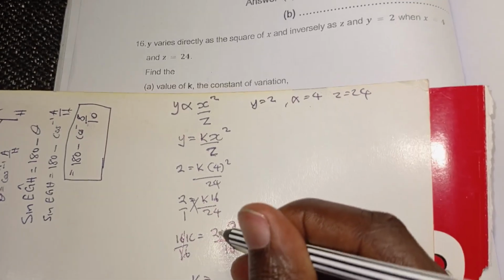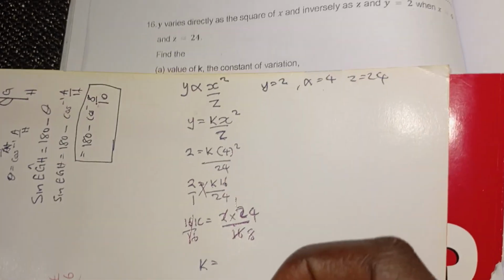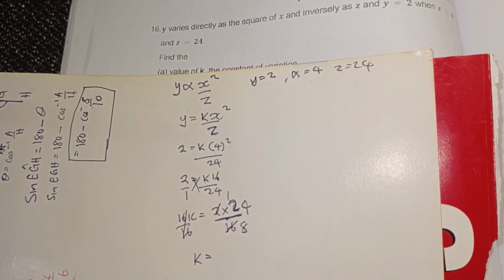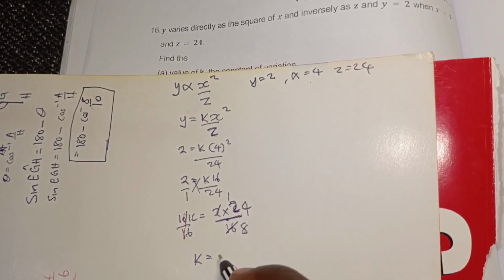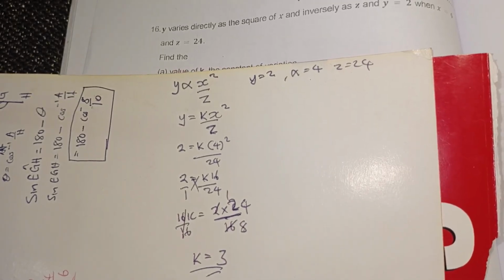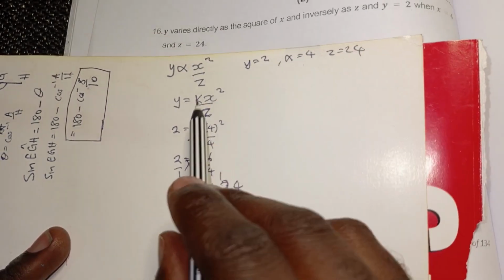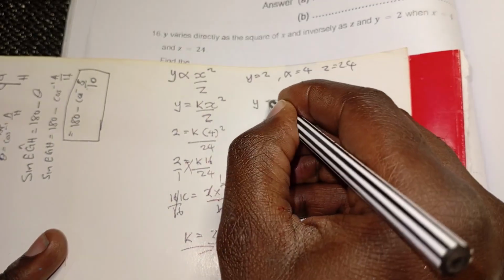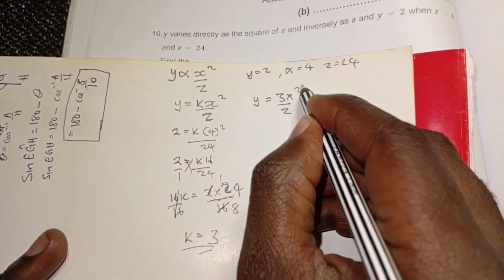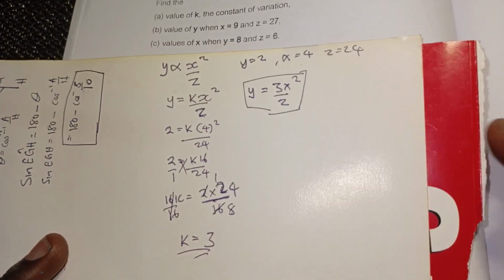You can say 2 there 1, 2 there 8, 8 into 24, that should be 3. Okay, so after we found k, we are now going to substitute it in the equation, because it wasn't part of the equation. So y is equal to 3x squared over z. This is now the equation that we are going to use to find the rest of the questions.